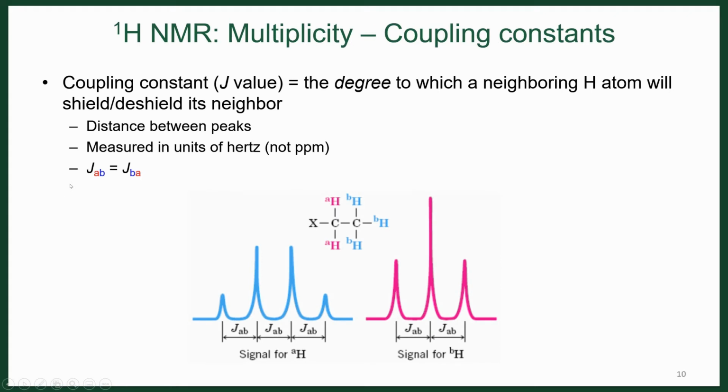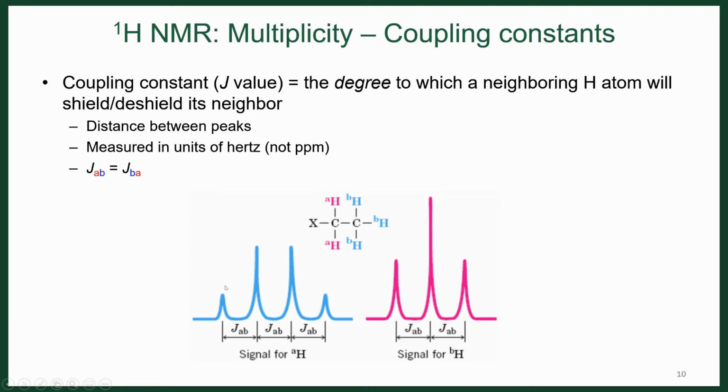So there is a specific measure associated with the separation of these lines. We're not going to focus too much on it in this part of the course, but we will in second semester. And this J value is a separation that we can measure between the peaks. It's measured and reported in Hertz because it's actually constant, because it's part of the molecule and it's not affected by the magnet.